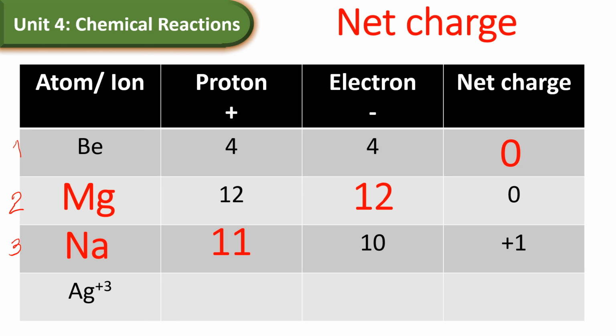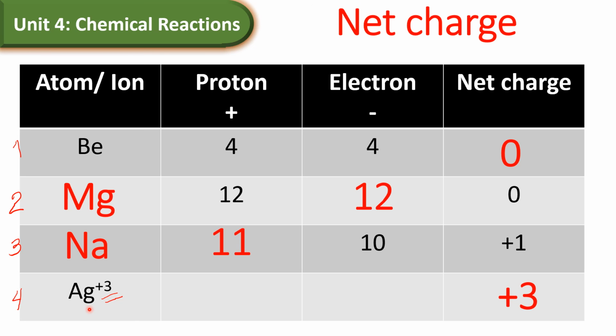Number 4. We only have here the value of your atom, which has a positive charge of positive 3. So therefore, the net charge here is 3. Next step is this one. What do you think is the atomic number of this element symbol Ag, or your silver?